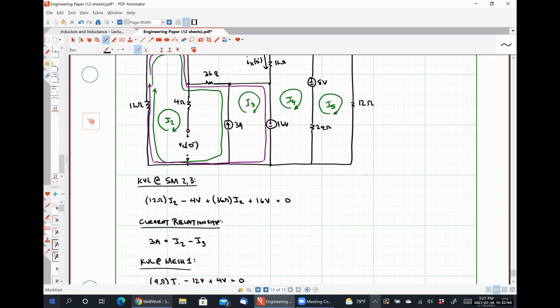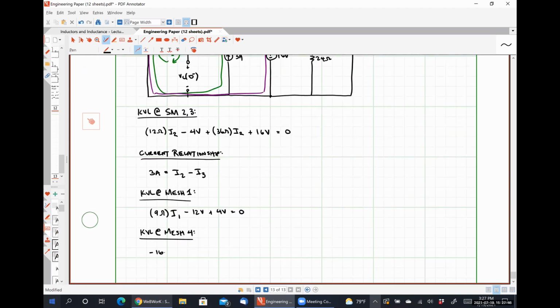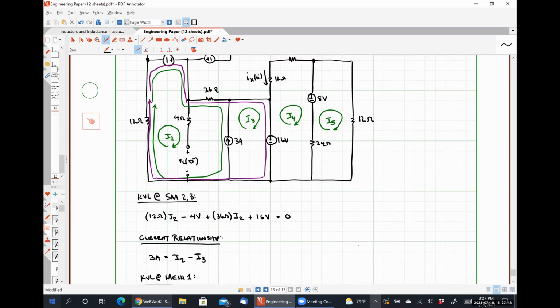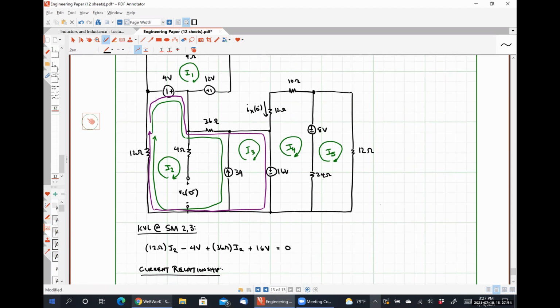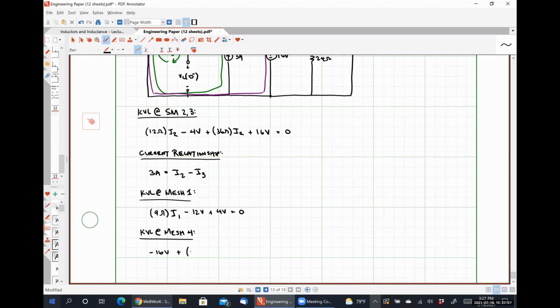So let's see, negative 16 volts. Then I have 12 ohms carrying a current of I4. Then 10 ohms carrying a current of I4, plus 8 volts, plus 24 ohms carrying a current of I4 minus I5.